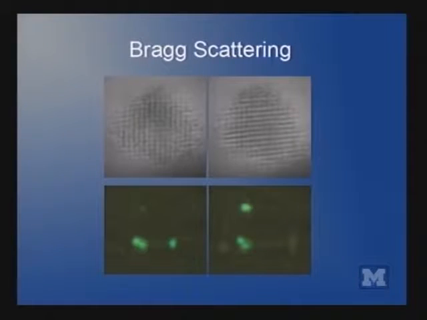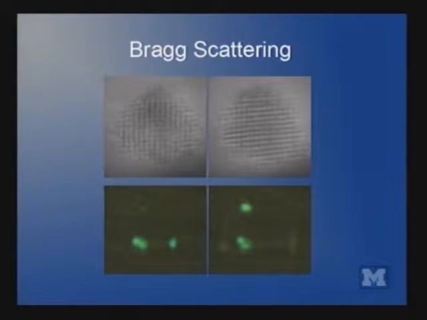And you can't really see it that well from the blue backlit picture, but the green picture, the Bragg scattered picture, you can really see that the up-down scattering peak is very small, but the side-to-side scattering peak is very bright.